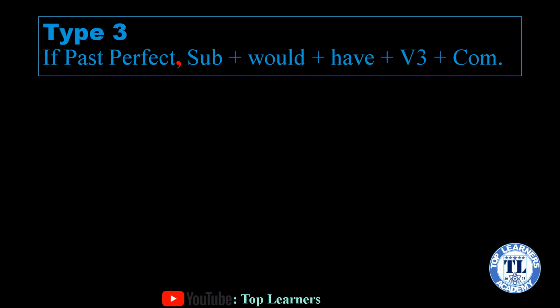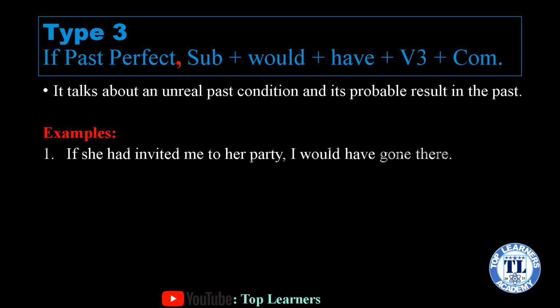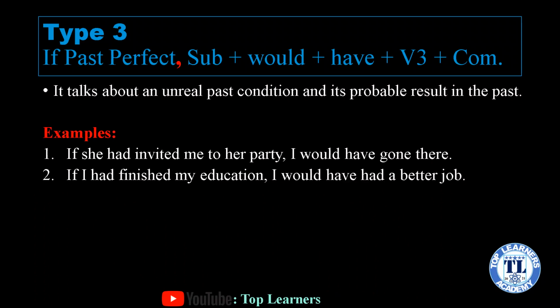Type 3 conditional sentences. It talks about an unreal past condition and its probable result in the past. For example, if she had invited me to her party, I would have gone there.